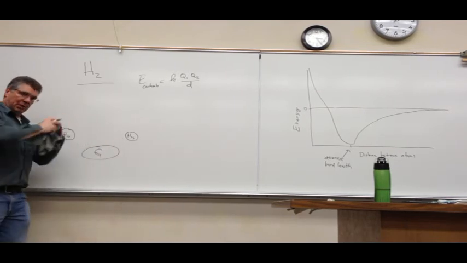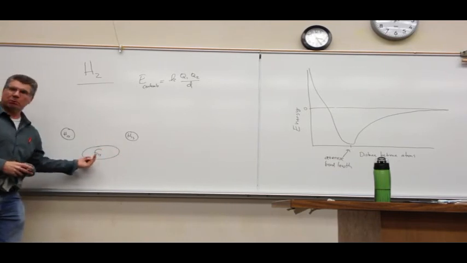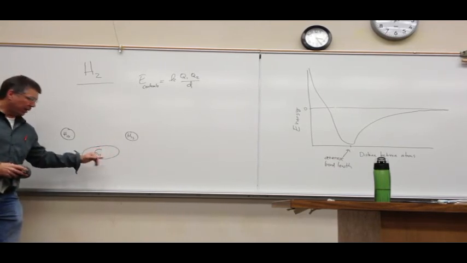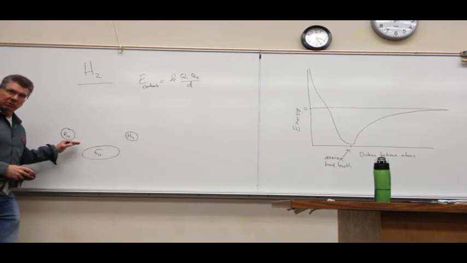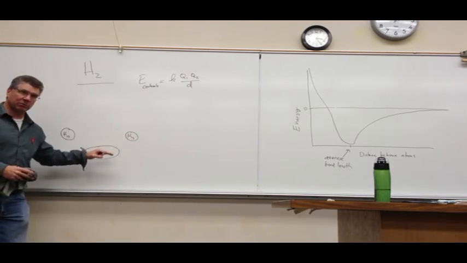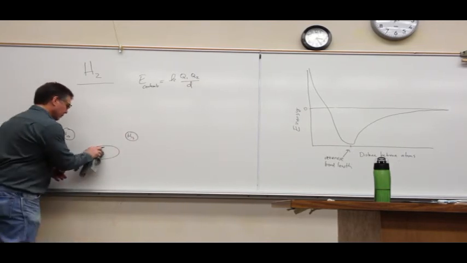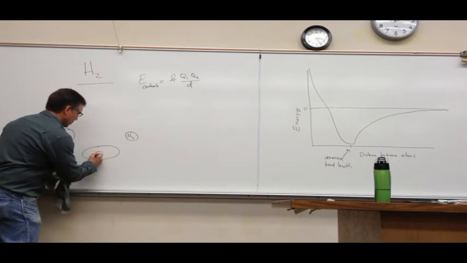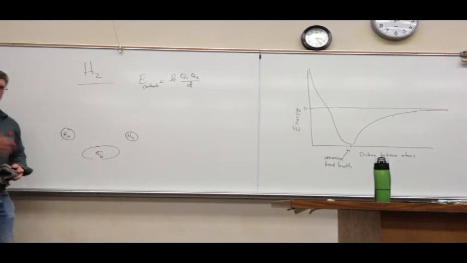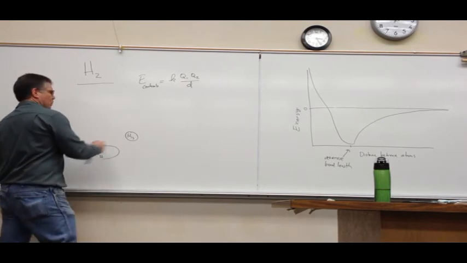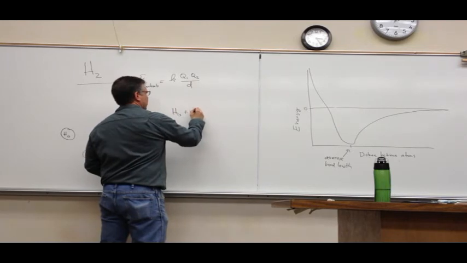And you mix them together, you get a molecular orbital that's spread out over both of the atoms. And that molecular orbital is lower in energy than either of these atomic orbitals is. It's called a sigma. That's supposed to be a Greek sigma right there. Called a sigma 1s. And that comes about by adding the two orbitals.